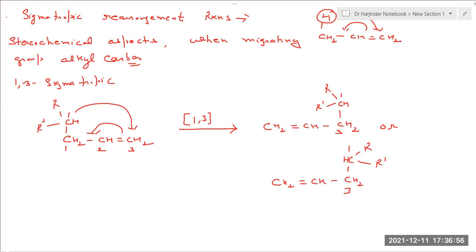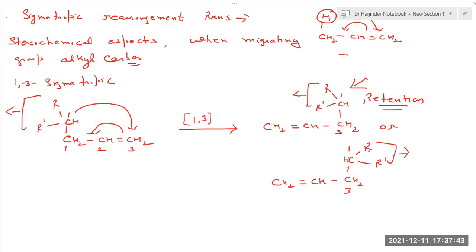Here, both alkyl groups are on the left side. Here they are present on the right side. In this product, the configuration is the same as that of your reactant molecule. So what do you call it, inversion or retention of configuration? Retention, sir. Retention. In this other product, you can see the configuration is opposite.